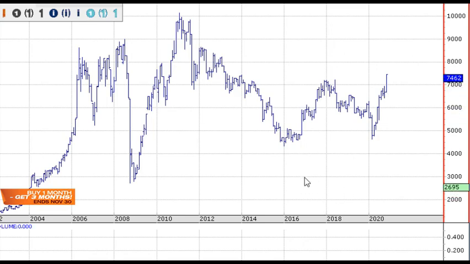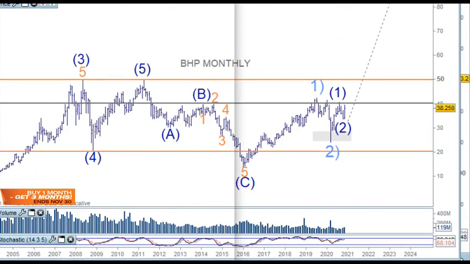But in just comparing it, if we take the 2016 low and the 2011 high and compare those over here, we've got the 2016 low here and the 2011 high here.